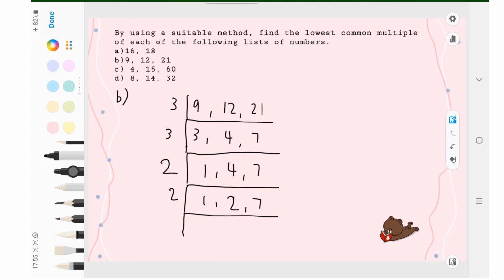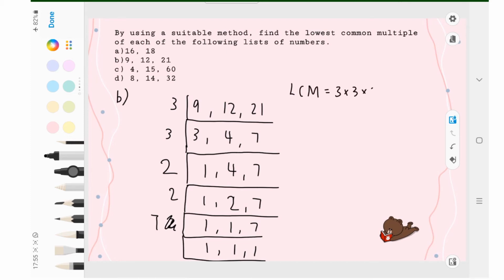Then divide by 2, it becomes 1, 1, 7. 7 divided by 7 equals 1. The LCM for these three numbers is 3 times 3 times 2 times 2 times 7, which equals 252.